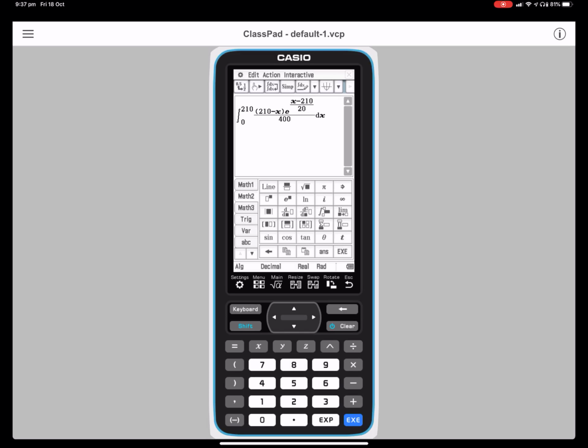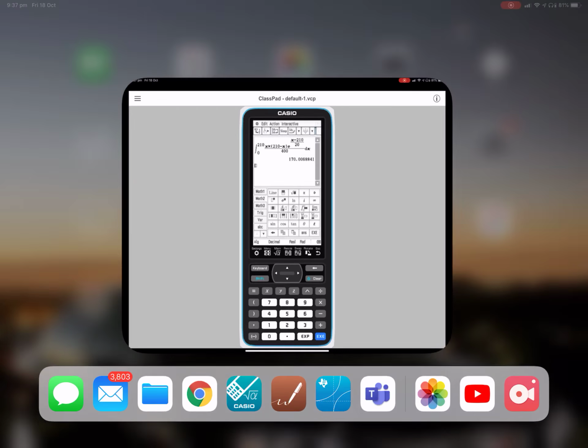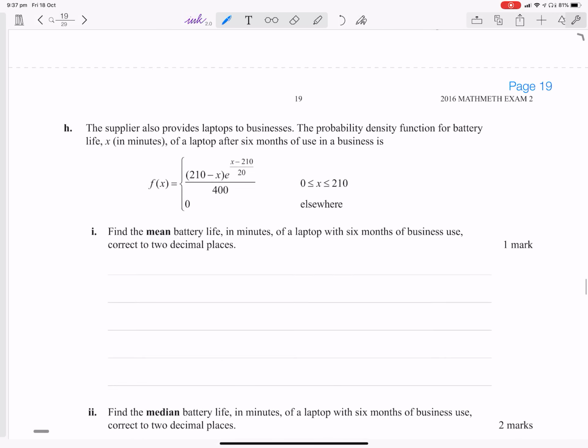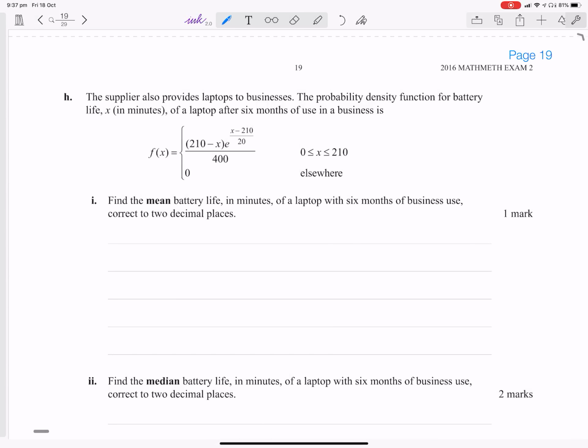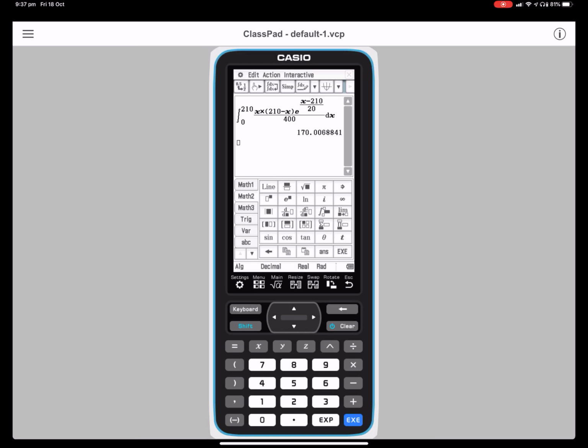However, when we want an expected value, we've got to times it by x. 170 point, what the hell is going on? 170.001, wasn't it?